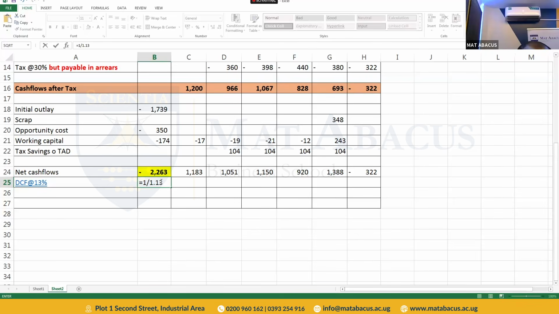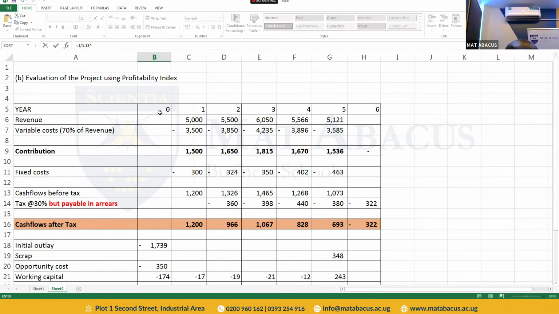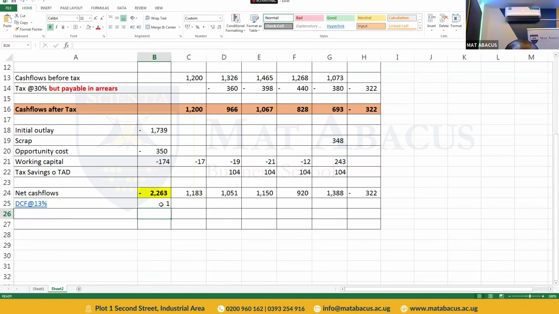But me, I'm going to use Excel to get them. I can reduce the decimal places since you are used to that. So I will get the present value.